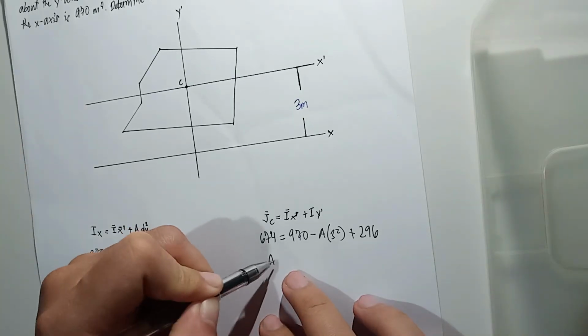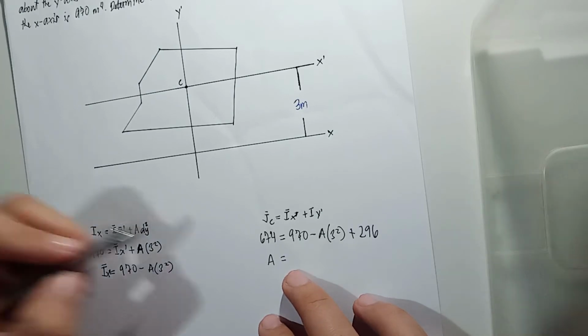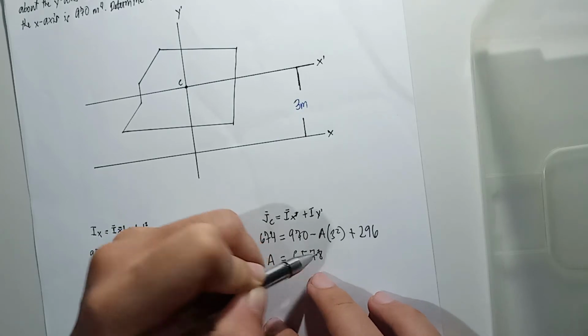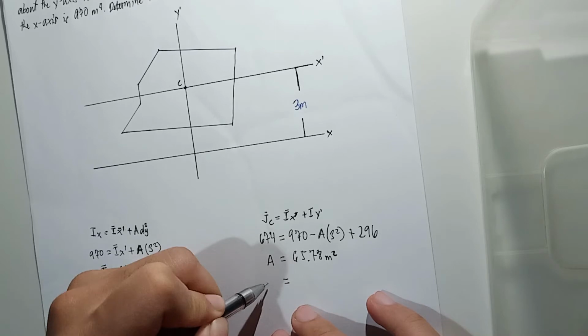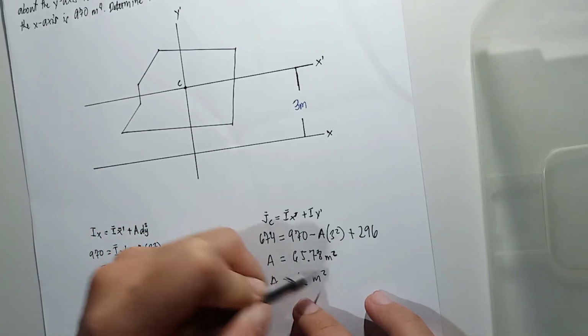So the area is equal to 65.78 meters squared, or the area is equal to 66 meters squared.